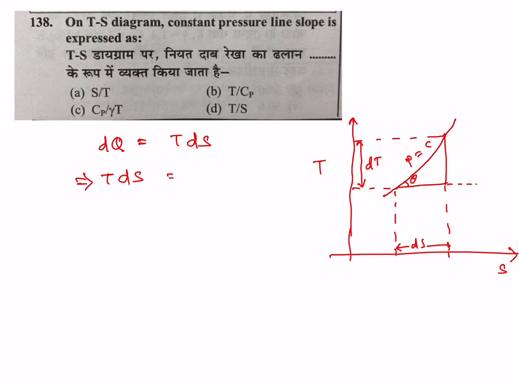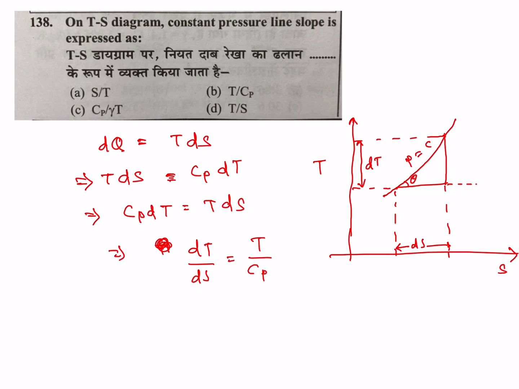dQ for constant pressure process is Cp dT for unit mass, or m Cp dT. You will take dT by dS equal to T by Cp. This is equation 1.